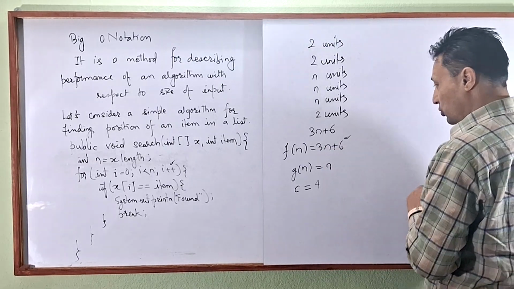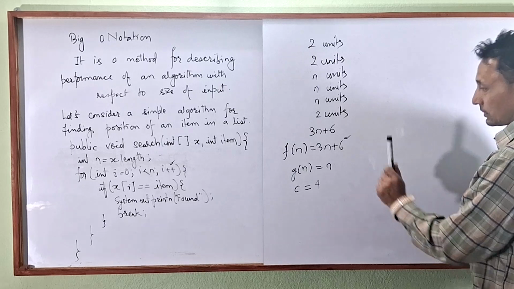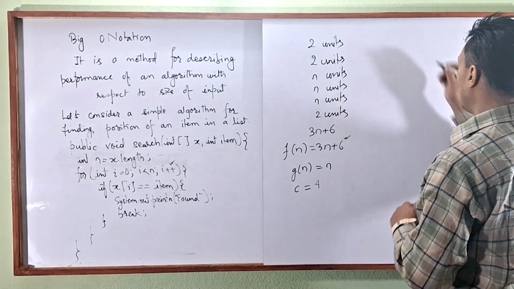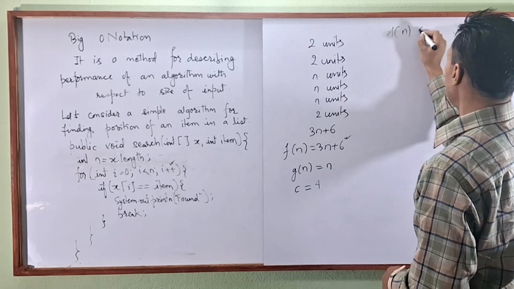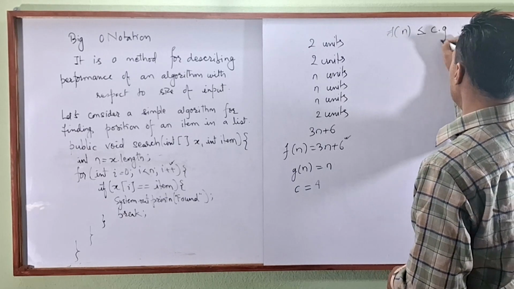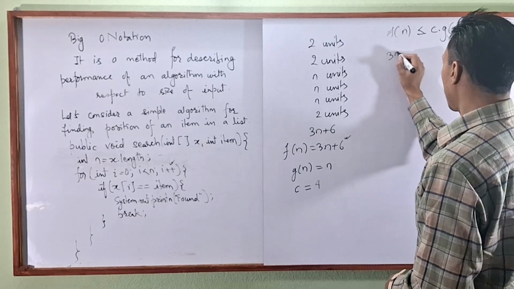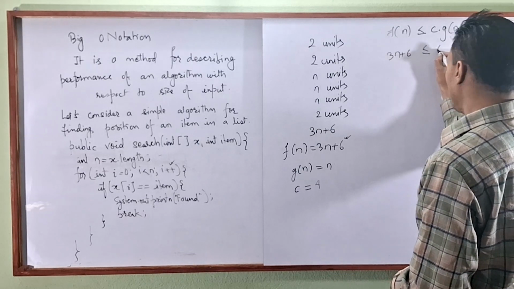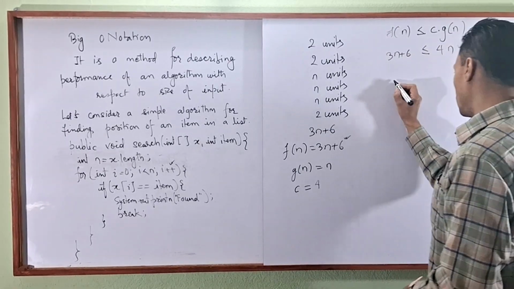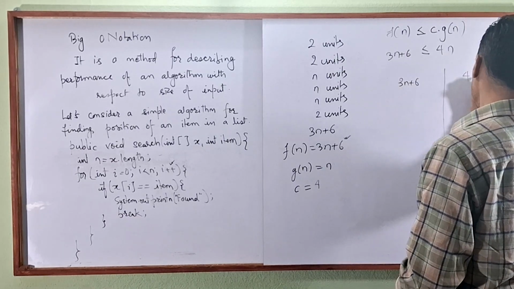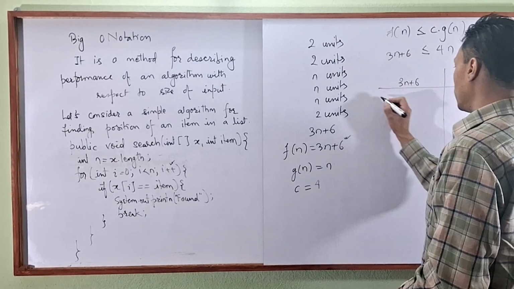Okay. Now let's check when f of n will be less than or equal to c dot g of n. Our f of n is 3n plus 6 and it should be less than or equal to 4n. Now let's make a table of 3n plus 6 and 4n, and take values of n.